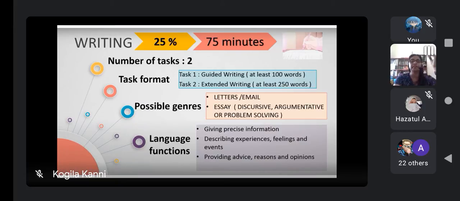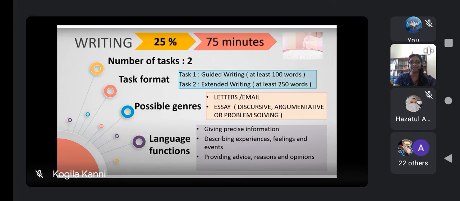And the last one is 25% as well. You have 75 minutes for that. Task 1, guided writing. It's an email or formal letter. I think you'll get an email. It's at least about 100 words, very little. But you have to follow the format accurately, answer all the questions that are asked, and use the words which they provide you with.